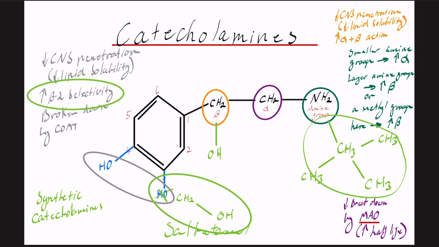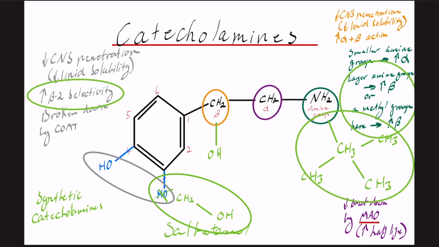And because you have this large amine group with the methyl groups as well, you then have very selective for beta receptors, but specifically beta 2 selectivity because of the changes to the catechol ring. The other important feature of this is that the ethylamine tail on the end is very large. So again, MAO won't touch it. And because you've had this change to the catechol ring as well with the hydroxyl groups, COMT can't metabolize it very well either. So the half-life of salbutamol is about 90 minutes.